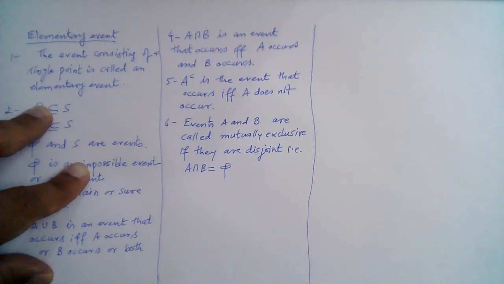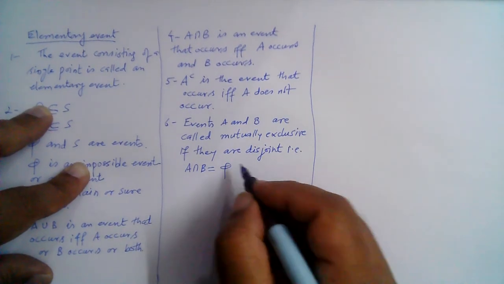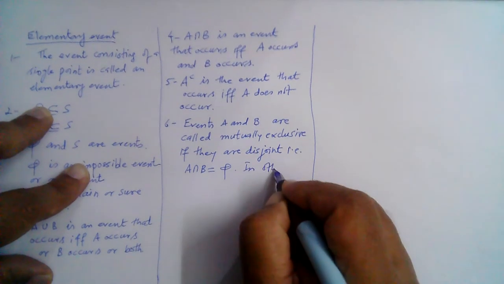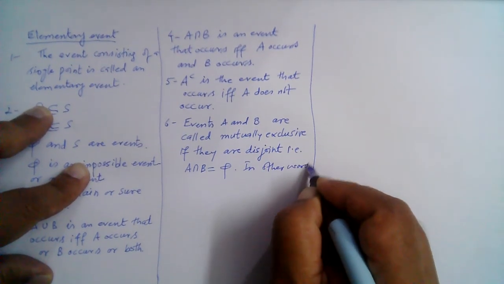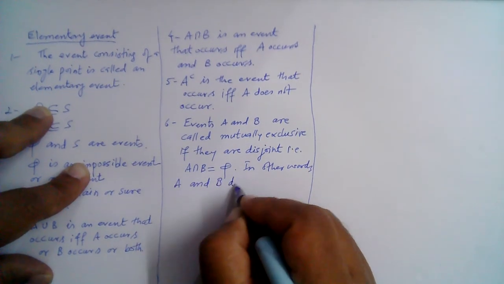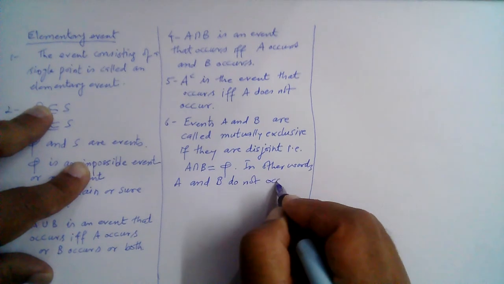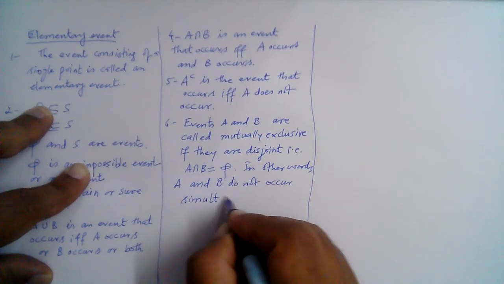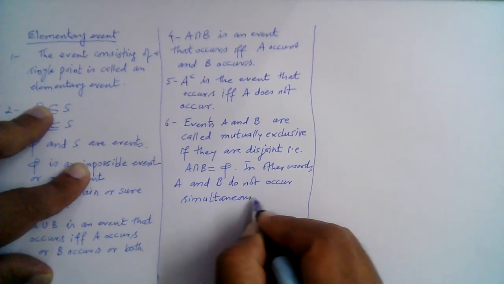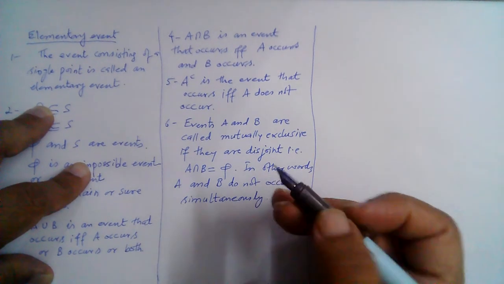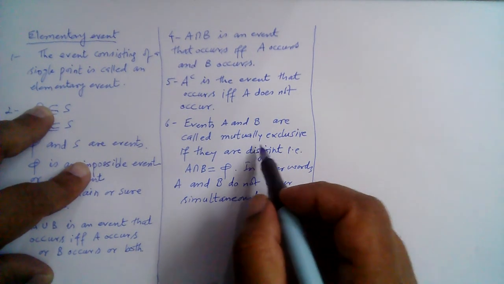In other words, A and B cannot occur simultaneously, or A and B do not occur simultaneously. So this is the mutual exclusion of two events.